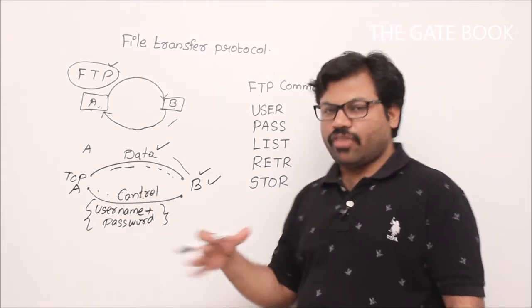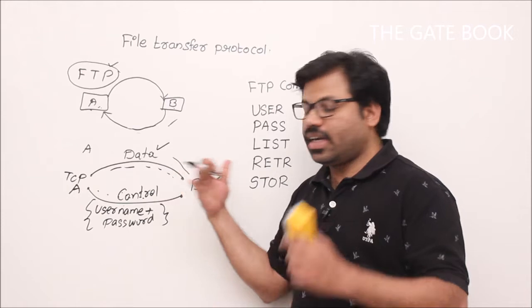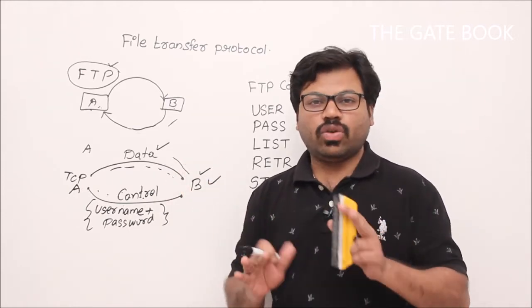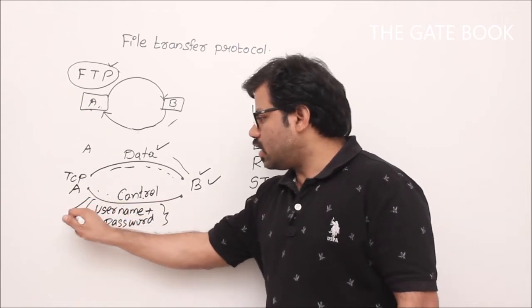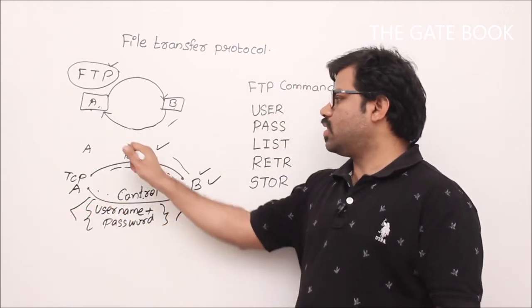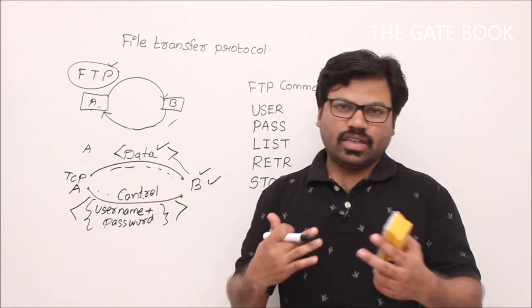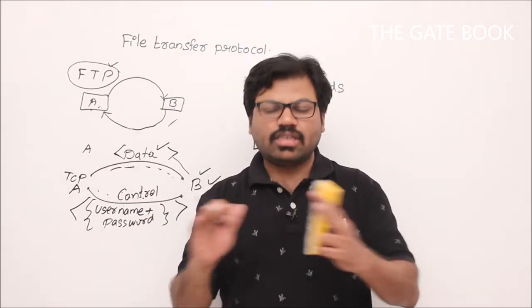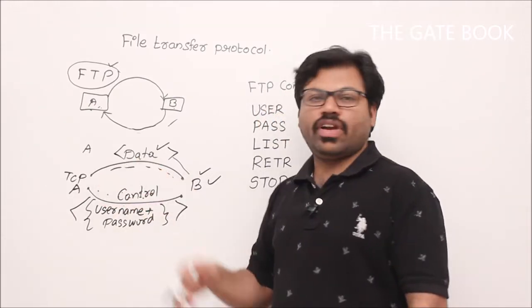For efficiency. One connection deals only with control information, because the structure of control information is different from the structure of data, right? So it is easier to treat those two things in different ways.